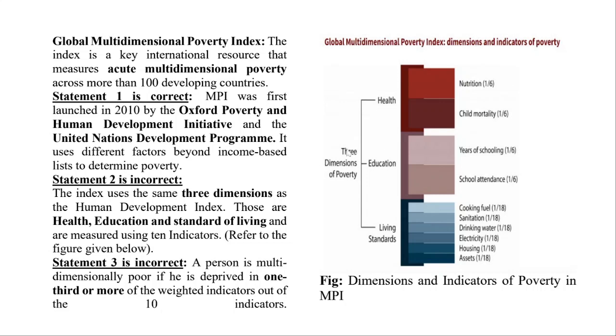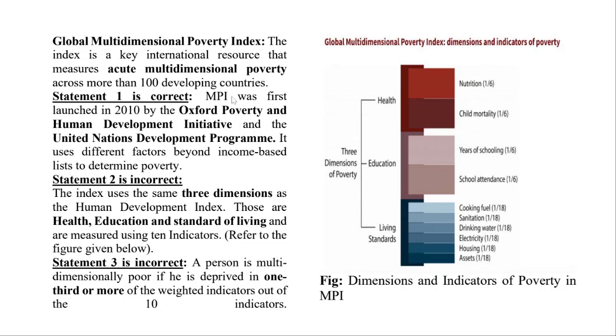You have to remember the different dimensions of MPI and HDI. Within education, you have years of schooling and school attendance, which has one-sixth weightage. Living standards covers cooking fuel, sanitation, drinking water, electricity, housing, and assets.